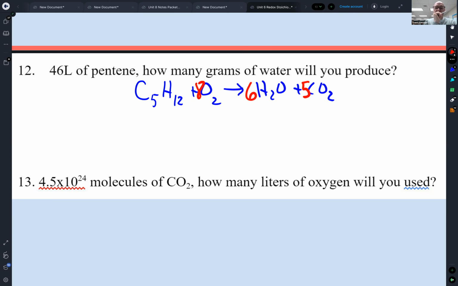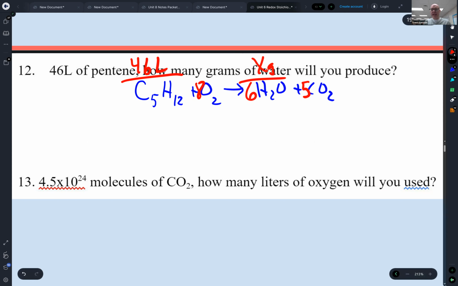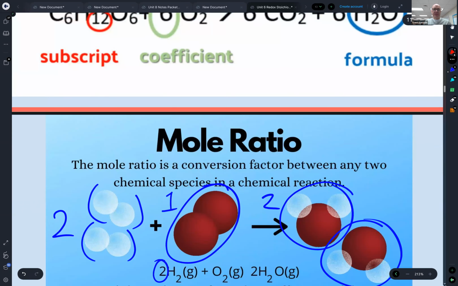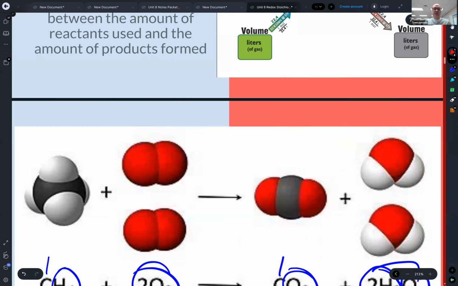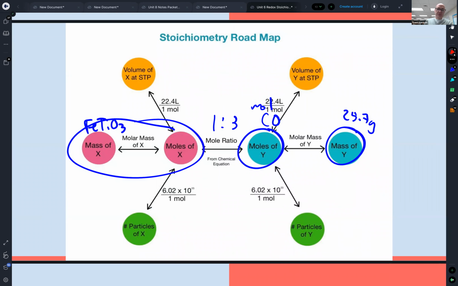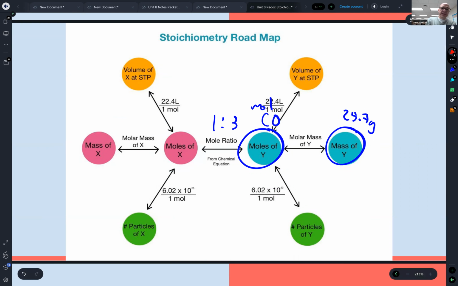What I want you to notice is for the pentane, it's in liters. Now the water is still in grams. That's okay. So we need to go back and look at our mole map for what happens in stoichiometry if I don't use grams. What do you use as your conversion principle? Well, here we are in this problem with the pentane.